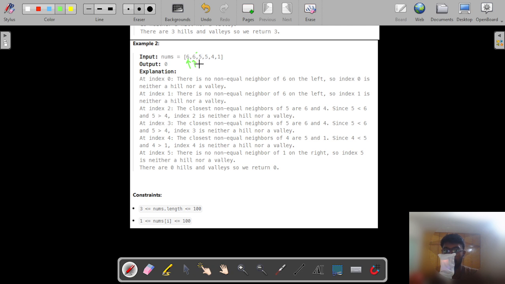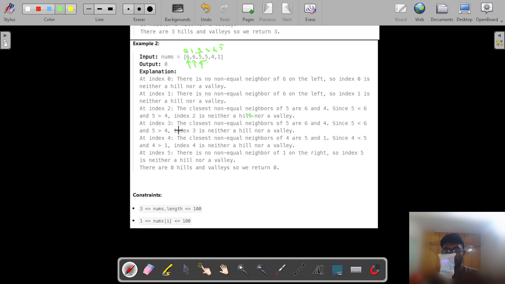While we come to 5, at index 2, the closest non-equal neighbors of 5 are 6 and 4. Since 5 is less than 6 and 5 is greater than 4, it is neither a hill nor a valley.